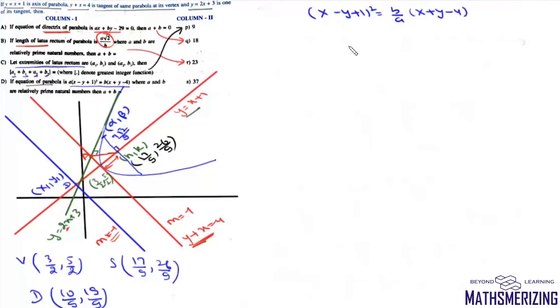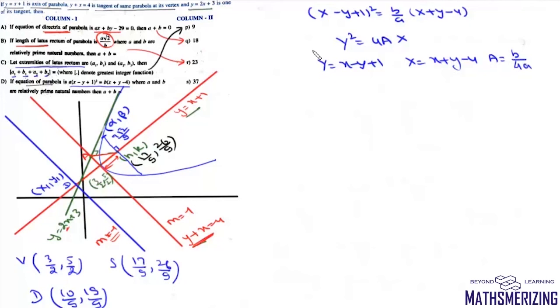So we'll compare it with the standard equation, which is capital Y squared equals 4a capital X. Now here capital Y is x minus y plus 1 and capital X is x plus y minus 4, and here 4a is b upon a.